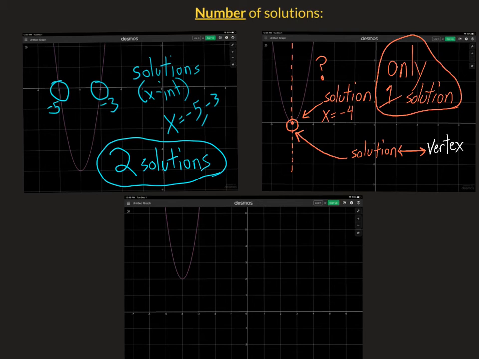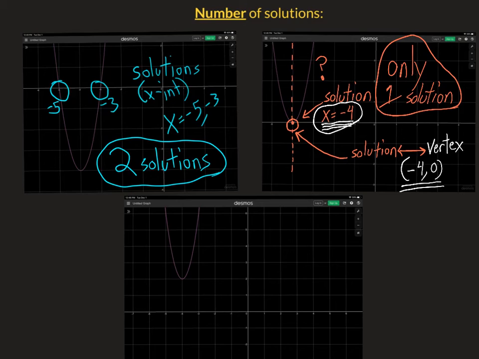The vertex is at -4, 0. So notice on this one, they're exactly the same. Solution of x equals -4, and it's the point that's the center of your parabola, so it happens to also be your vertex. Okay. Vertex is a point, we write it as a point. Solution, or the x-intercept, you just tell us x equals. We just want to know what the value for x is at your solutions.